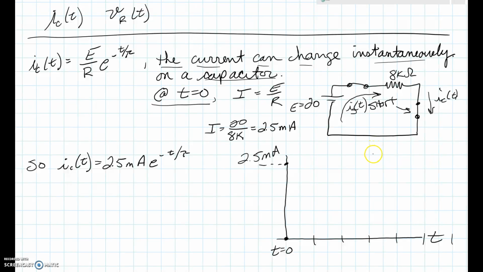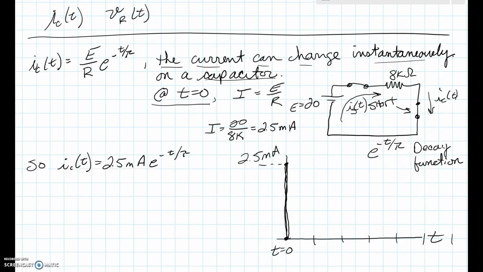If you haven't ever studied this before, we'll find that this negative t over something is what we call a decay function. A little tidbit of information to know. So right at t equal to 0, that current spikes right up to 2.5 milliamps. All right?